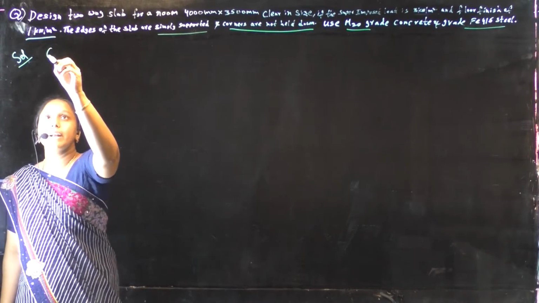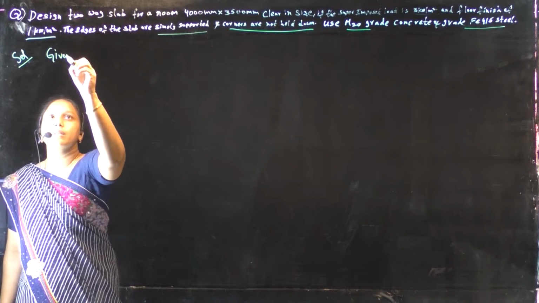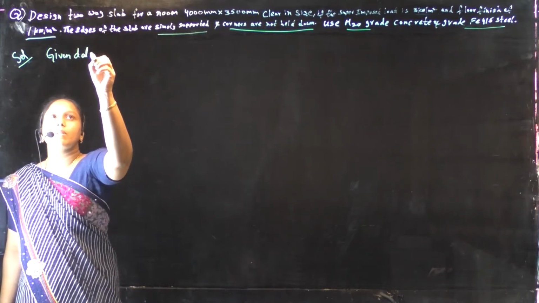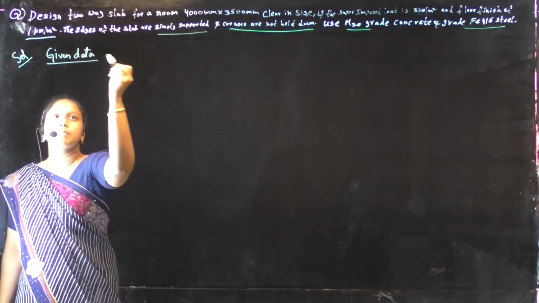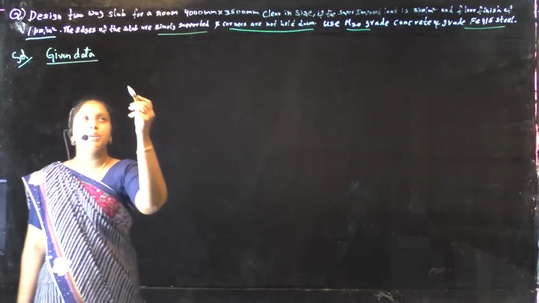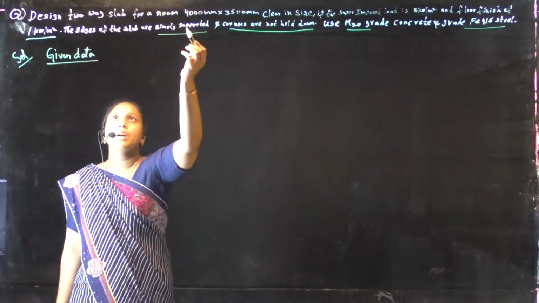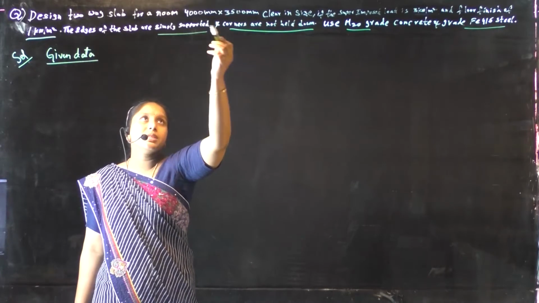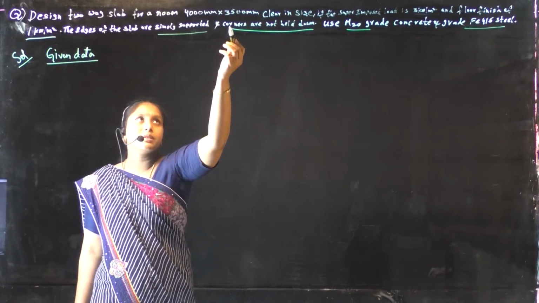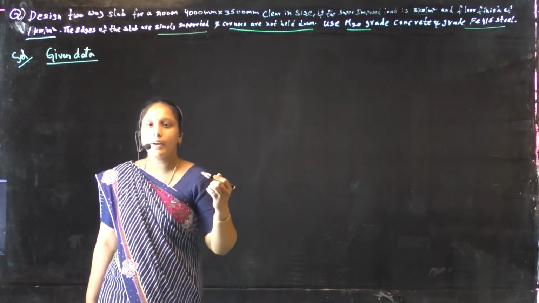So what is the given data here? The first step is to write down the given data. The dimensions are given, which is 4000 mm by 3500 mm.